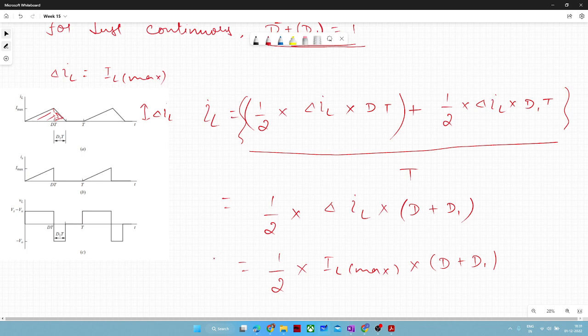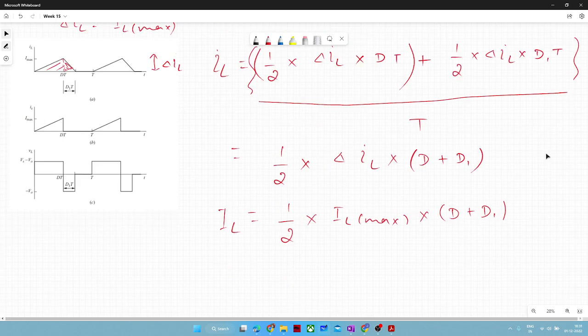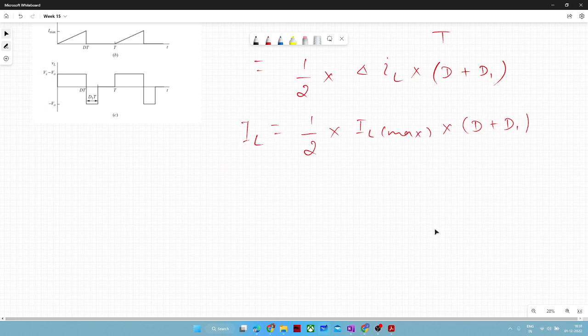This is the value of IL. I hope no doubt till this point. After this point, we know that IL average is I naught.